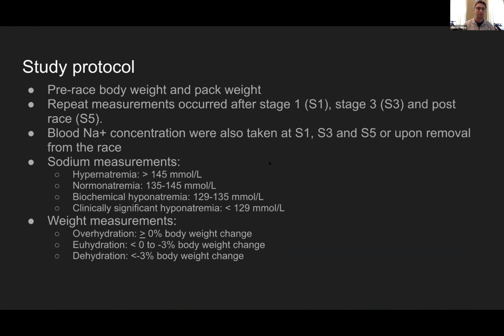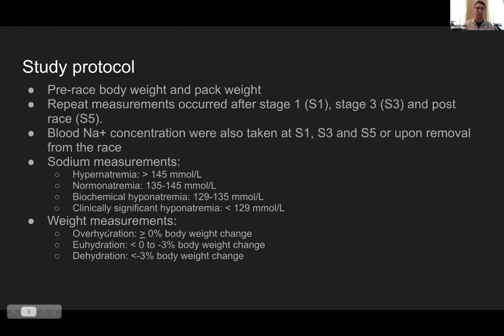So some of the definitions, hypo and hypernatremia is essentially what you'd see in a clinic or ER setting, but they divided hyponatremia into biochemical hyponatremia, which was from 129 to 135, and then clinically significant hyponatremia, which was less than 129. And then weight measurement was used to look at overall hydration status.